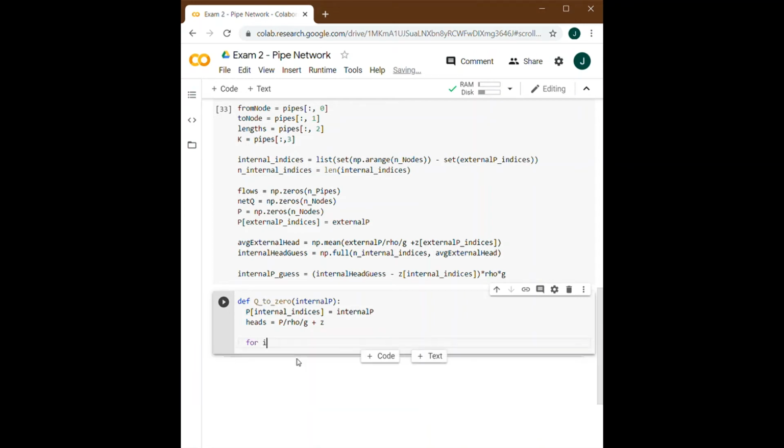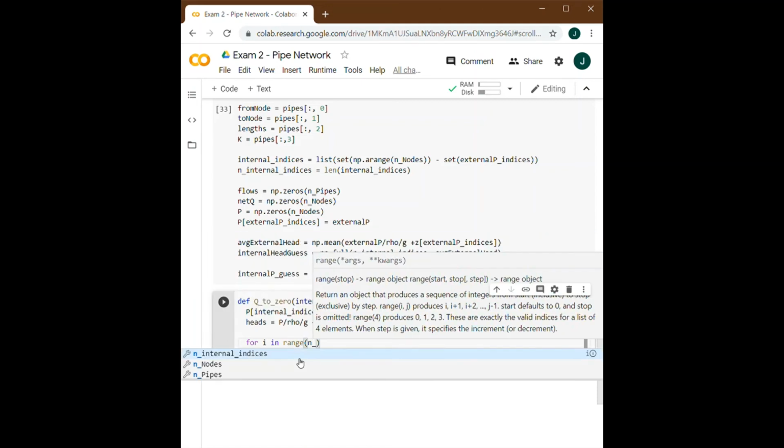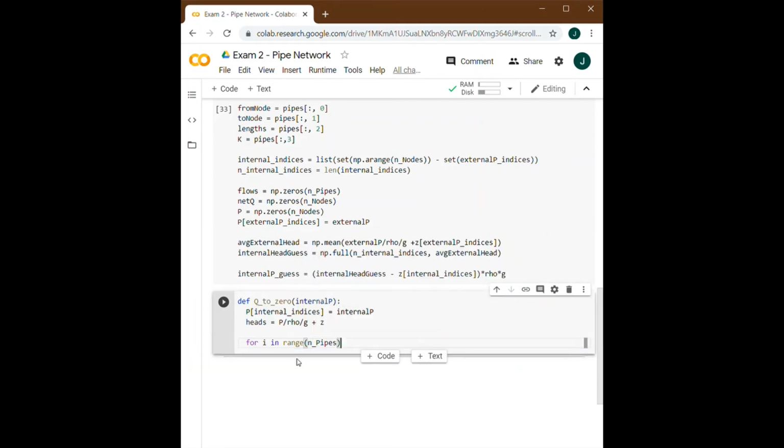Now, what we're going to do is iterate. So for I in the range number of pipes, what this will do is go through the number of pipes. So this pipe, this pipe, this pipe, this pipe, and this pipe, and calculate a delta head.